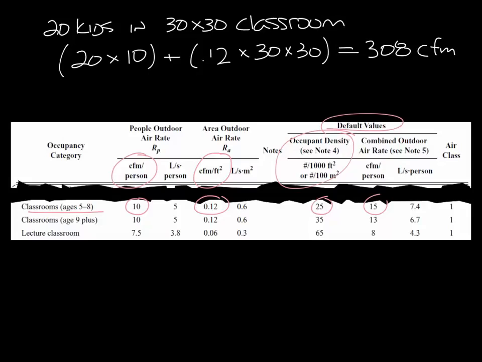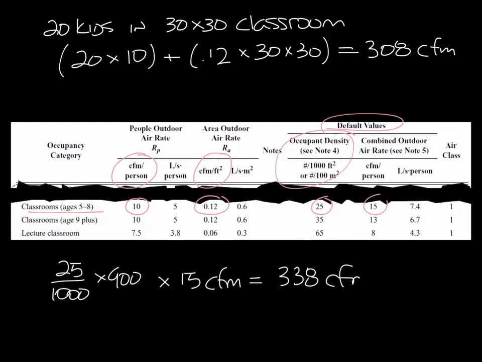So for that same classroom, we have 25 per 1,000 square feet times 900 square feet. And then you multiply that by 15 CFM per person, and you get 338 CFM of ventilation air that you need to bring into the space. So over here we have the equation if you know how many people are in the space, and down here is using the default values.